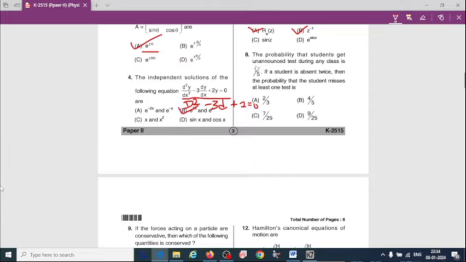So the probability they have given 1 divided by 5 that students get an announced test in the class. Student is absent twice, then the probability that the student misses at least one test is, that would be option D, 9 divided by 20.